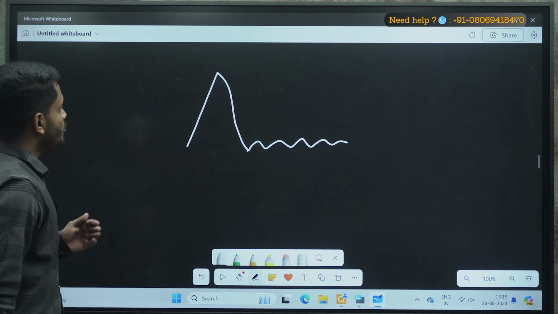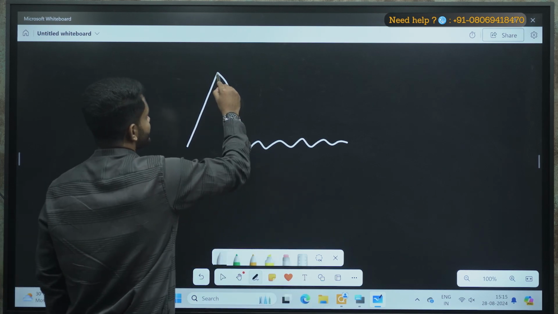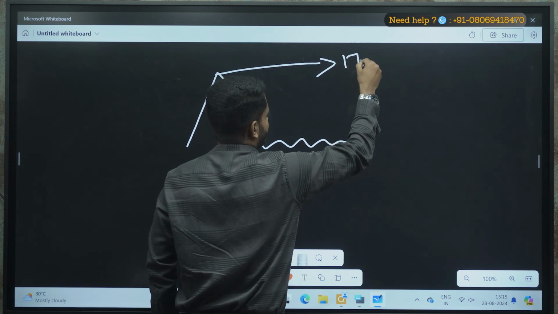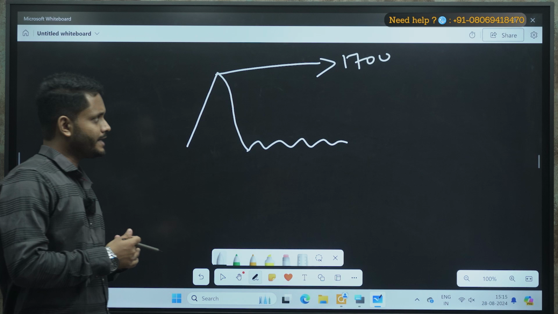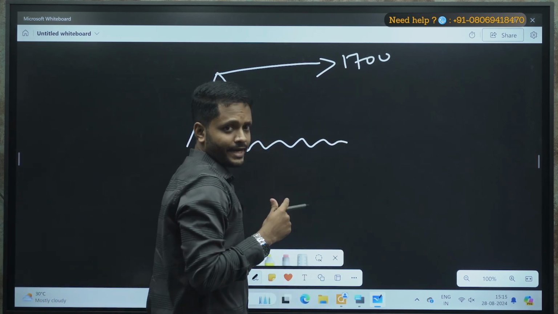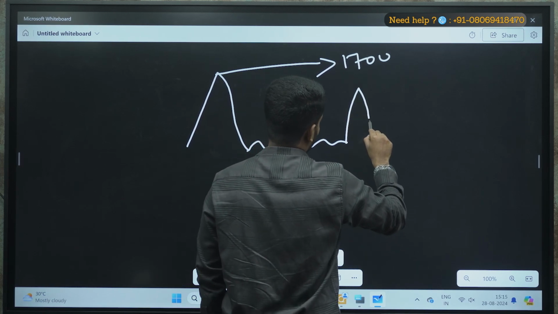Looking at the past 180 days of trading data, this is the highest level, say 1700. This is the recent high of the past 180 trading days, and now the price is consolidating at this level. Say, for example, it has immediately spiked up.